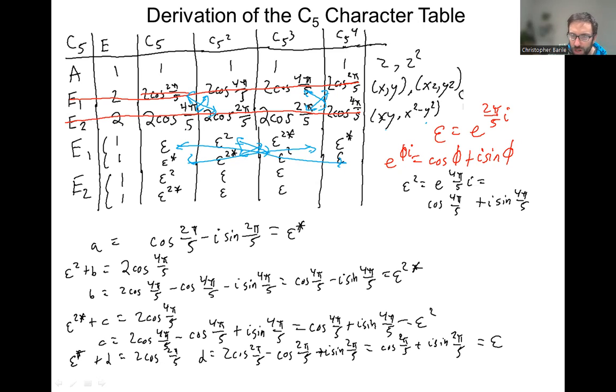This one is going to be 2 cosine 4 pi over 5, so that's going to have the epsilon squares. And the complex conjugate has to be opposite so that we crisscross, to maintain the pattern. And then for the last one, you can see also that we crisscrossed. If we just keep the pattern here, this one's going to have to be a complex conjugate, and this one's going to have to be a complex conjugate.